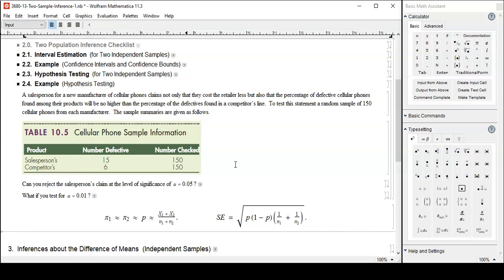Salespersons have 15 defective out of 150 checked, and competitors have only 6 defective out of 150. So looks like the new manufacturer cell phone is cheap for a reason. It's cheap because more defective ratio. But then again, is it really true?